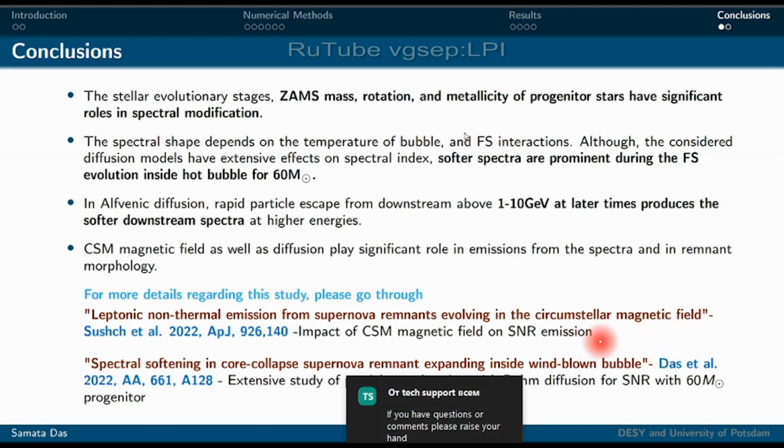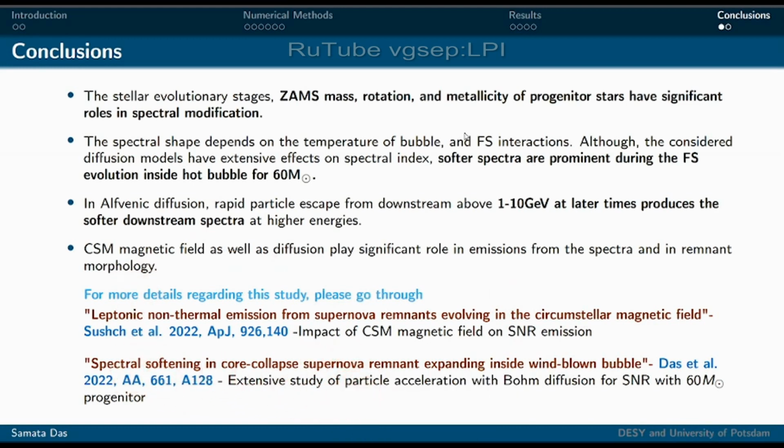If you are interested, you can ask me, or go through these two papers, because here we have described how the circumstellar magnetic field has an impact on the emission from the supernova remnant, and here we extensively describe how the interaction between the circumstellar medium and the supernova remnant changes the emission and also the morphology.